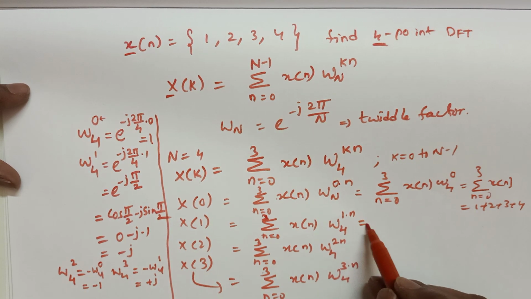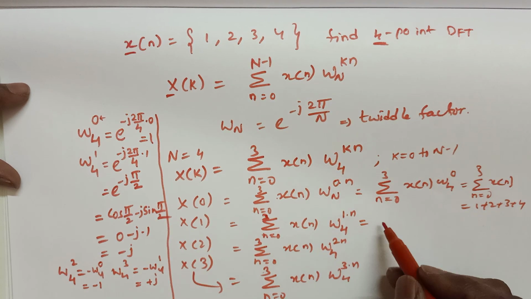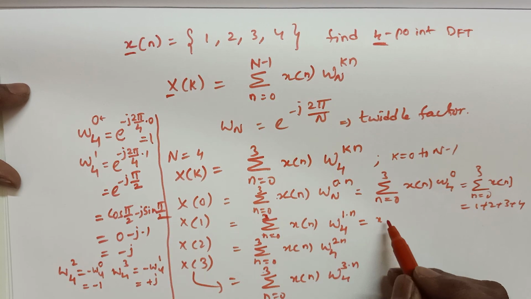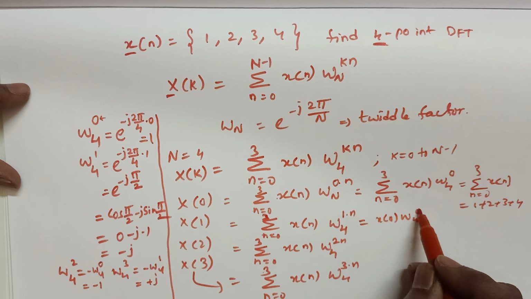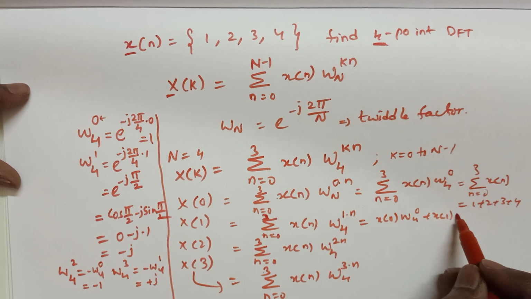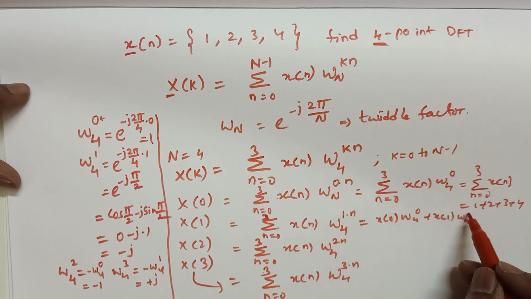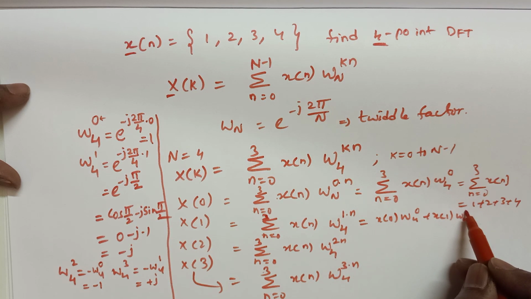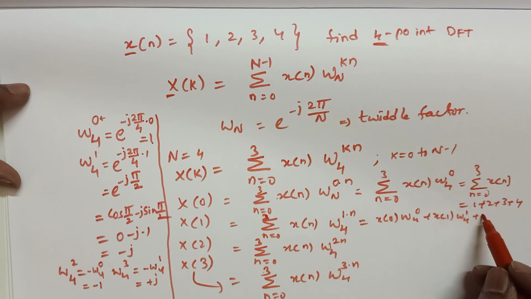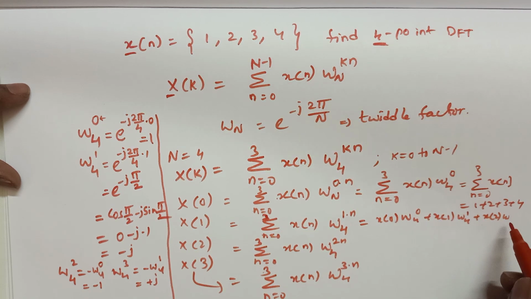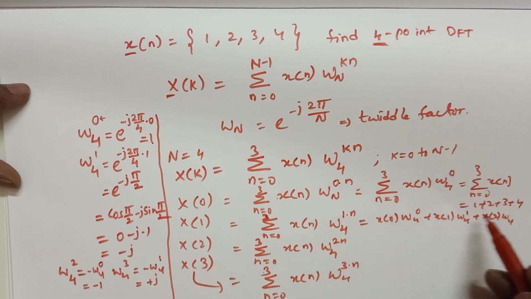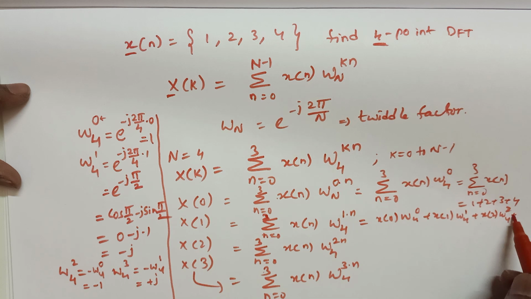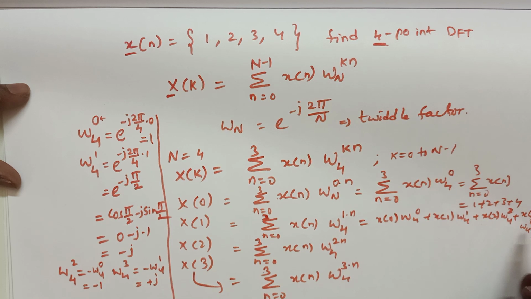For the expansion, when you substitute n equal to 0 to 3, we get x of 0 into W_4 power 0, plus x of 1 into W_4 power 1 into 1, plus x of 2 into W_4 power 1 into 2, plus x of 3 into W_4 power 3.